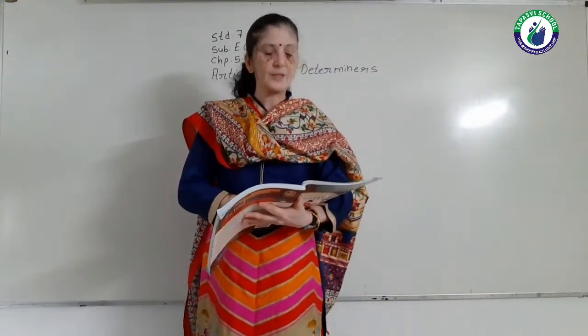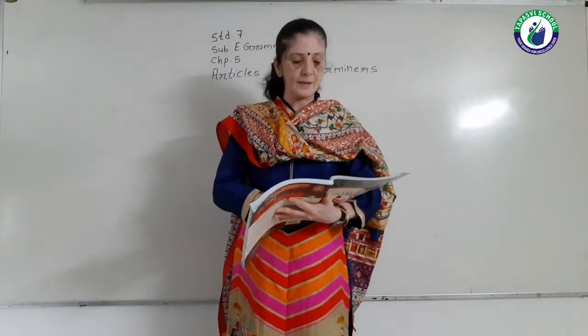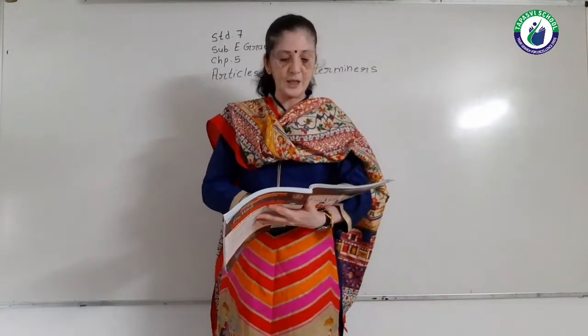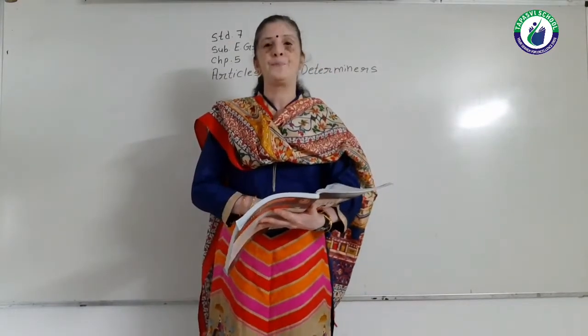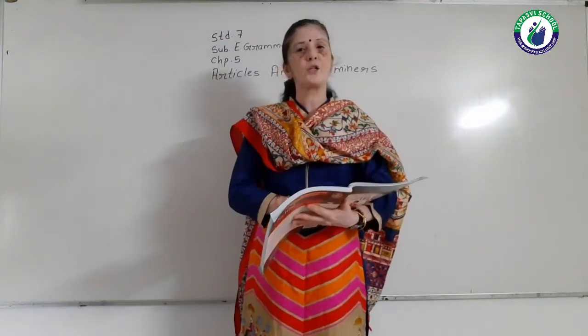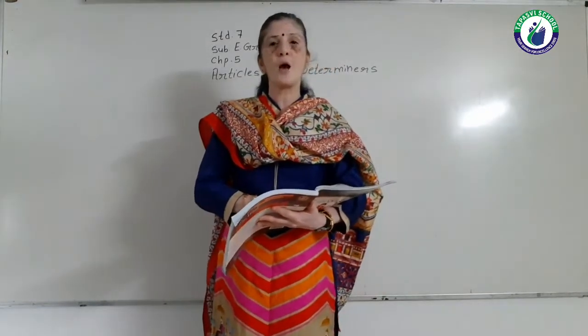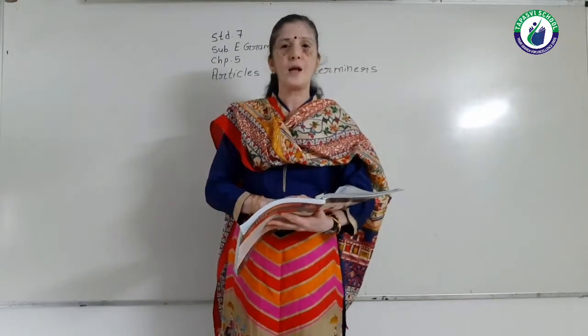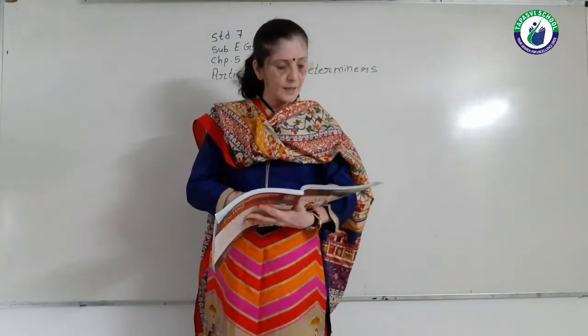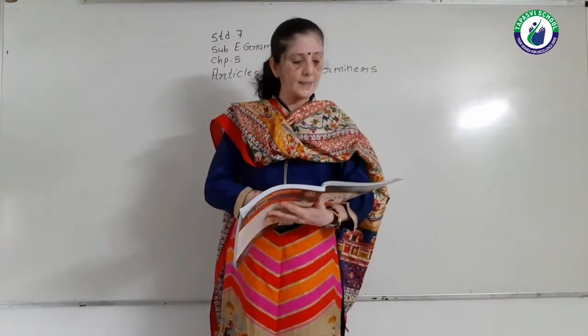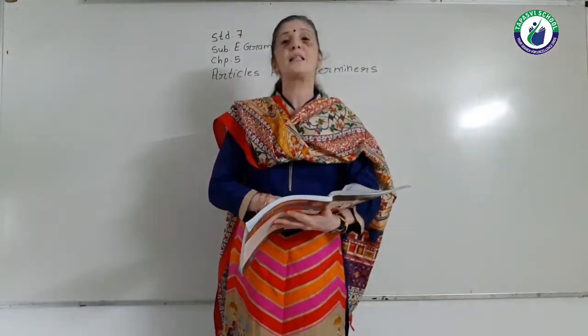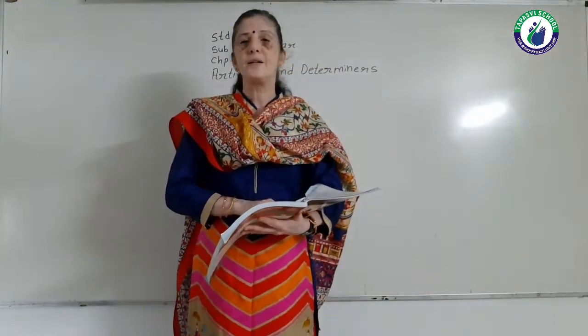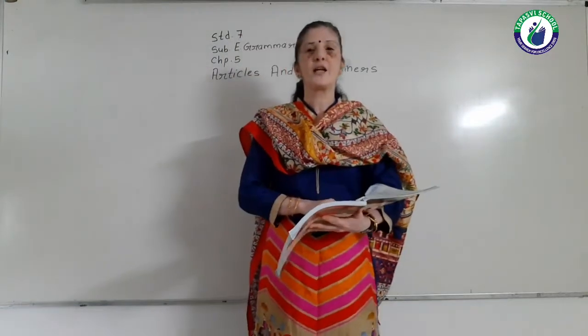An adjective describes a noun and tells us about some special quality or how many. What is adjective? Adjective tells us about the noun. It tells some special quality or number of the noun. But what is determiner? A determiner points at a noun and tells which one. See the difference of determiner and adjective.